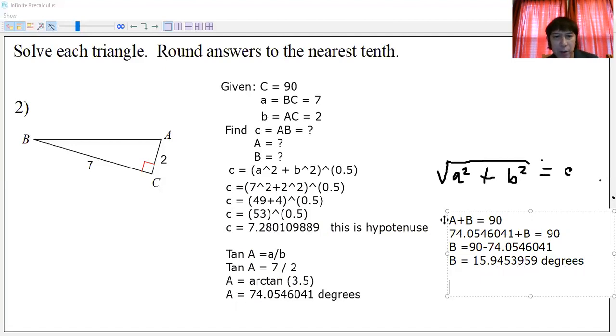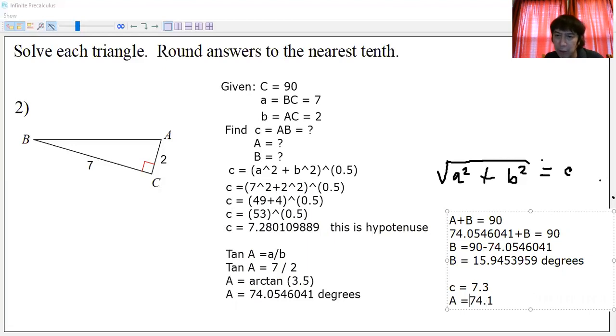We have side C. We're supposed to get the rounded value. So rounding this to nearest tenth, this must be about 7.3. And our angle A, this must be like 74.1.